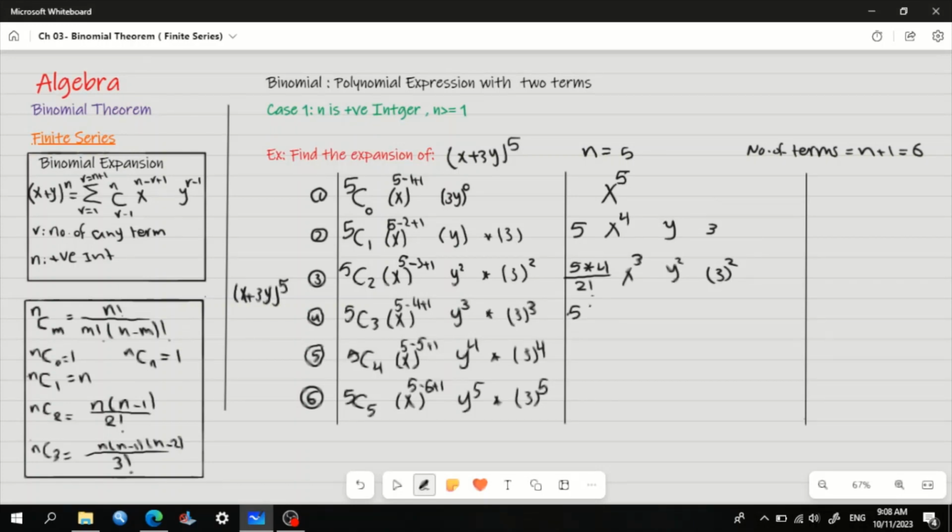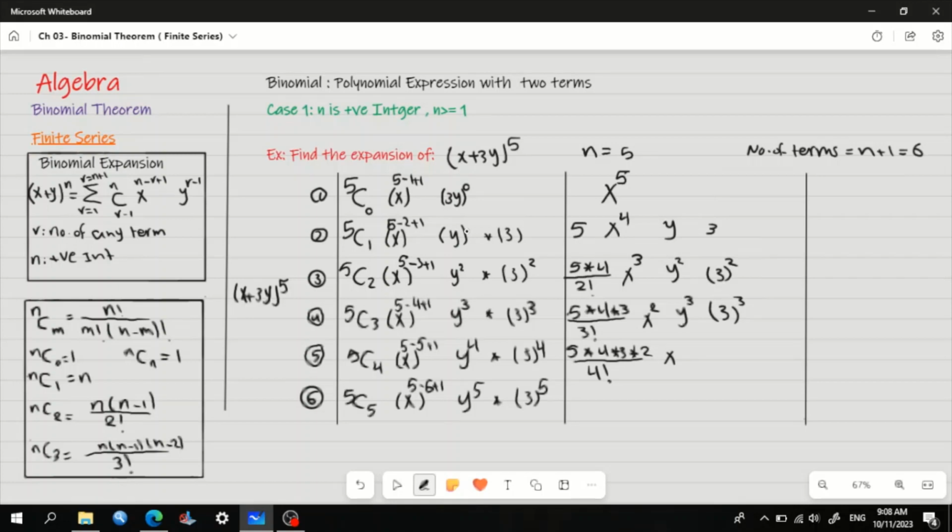5 combination 3, so 5 into 4 into 3 by factor of 3. Here we have x squared y cubed. Let's continue that. 5 combination 4, so 5 into 4 into 3 into 2 by factor of 4.